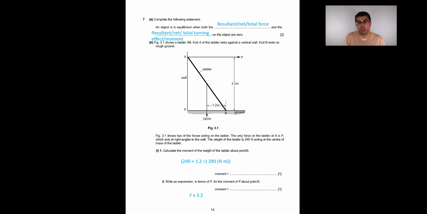Now I know it looks more complicated because it's not like a simple seesaw, but if you remember the definition that the force and the distance must always be at right angles, then you won't go wrong. Look here for the first part, 240 newtons, right angles to 1.2. We've got some force we don't know, and it's at right angles to 3.2. So all you had to do here was write 3.2 F.